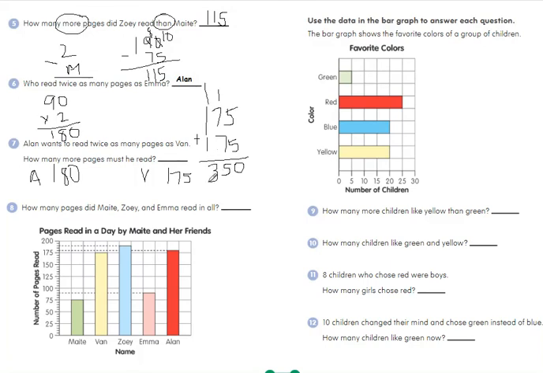We have 350. So if Alan wants to read twice as many pages as Van, he has to read 350 pages. So it says, how many more pages must he read? Well, if he's read 180 and he needs to read 350, I need to subtract to find the difference. So we have 350 minus 180.